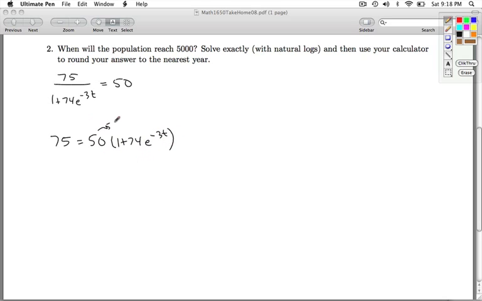I can go ahead and distribute then. I have 50 times 74. I'm just going to leave it like that for now, and you'll see why.